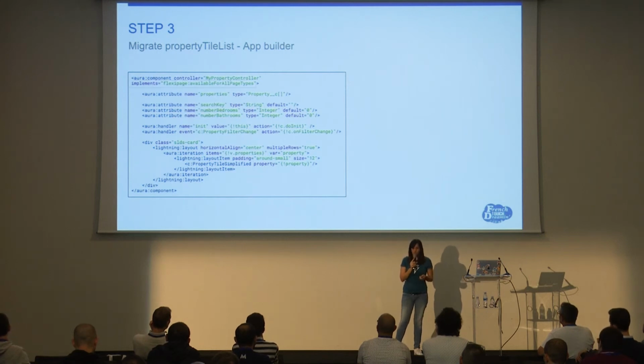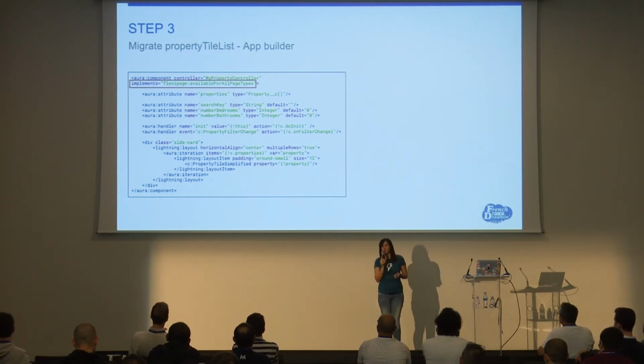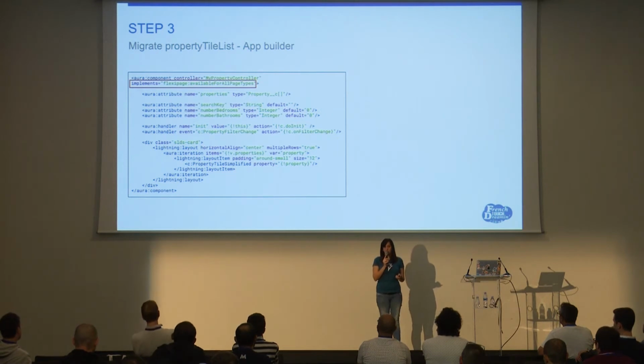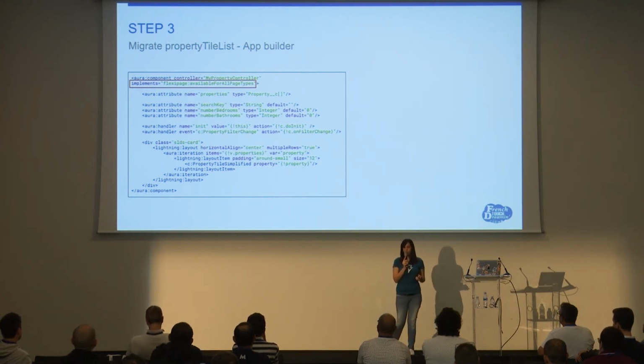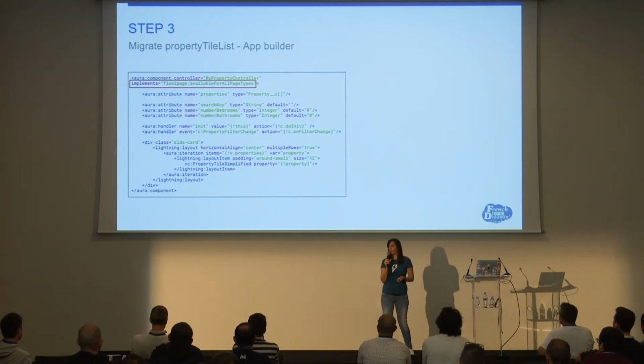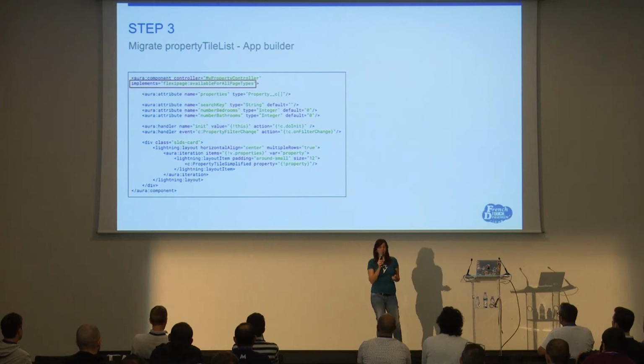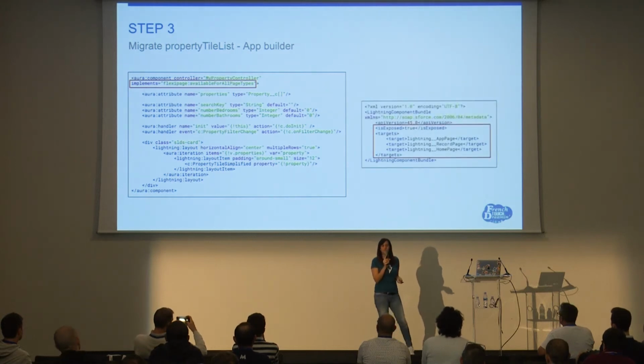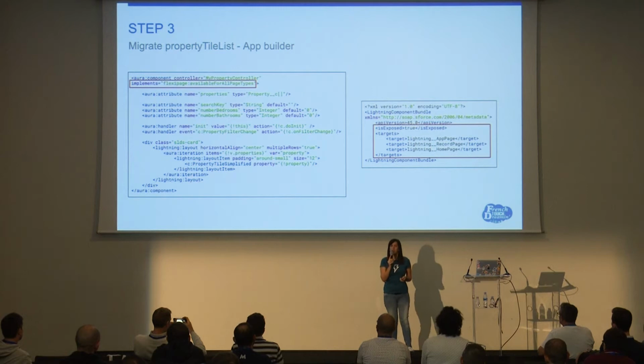Okay, so the other thing that we had to migrate about this component is how to make the page available for a builder. In Aura, we had to implement the flexi page available for all page types interface. And now what we need to use is to specify that in the metadata file.